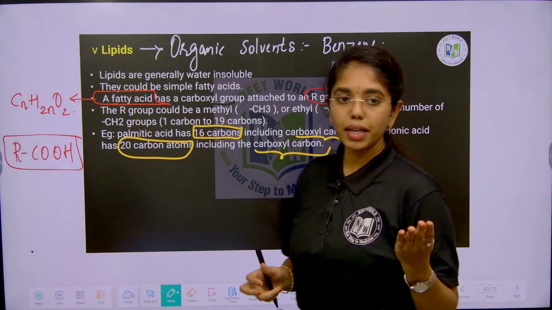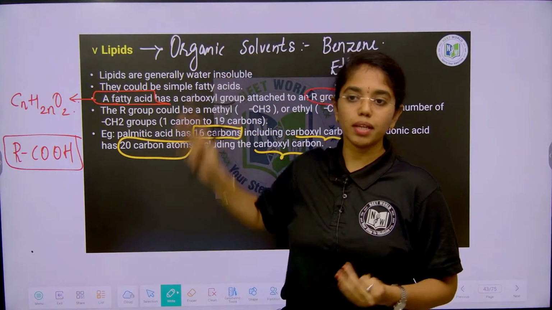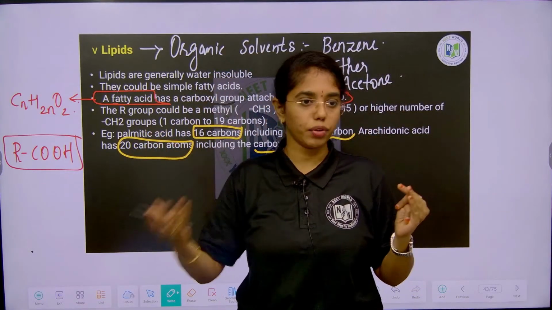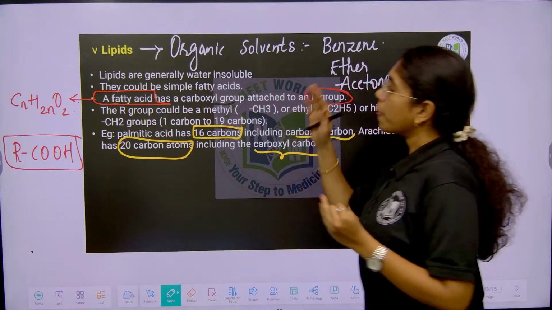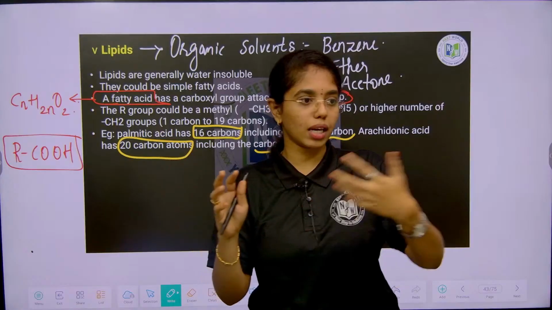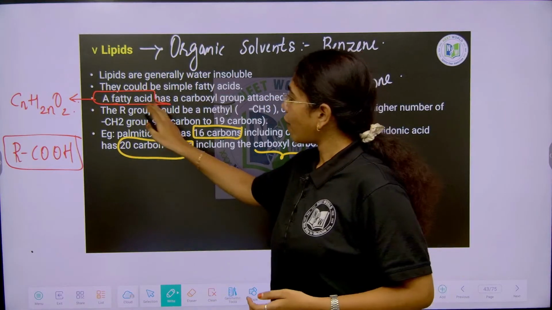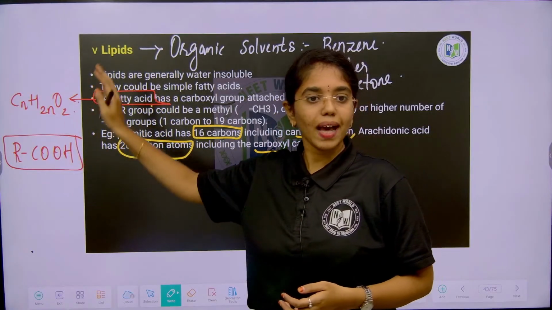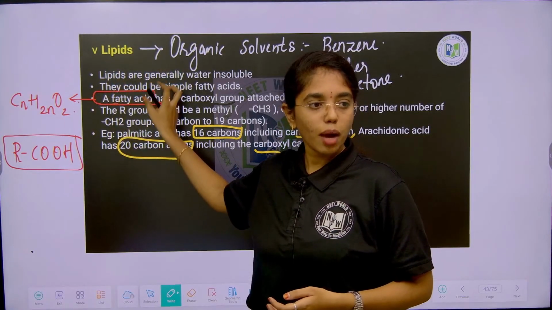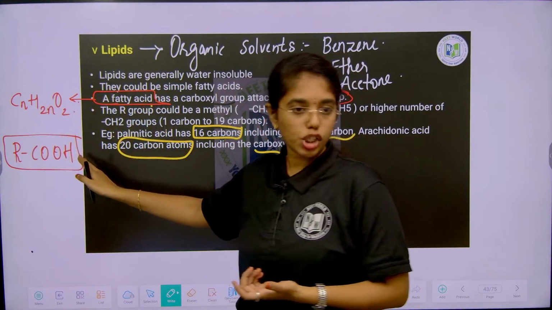So what is the intro of lipids? Lipids are insoluble in water. They are soluble in organic solvents. I have named three, but the list is wide; if you want, you can remember more. And it can just have a fatty acid or it can have glycerol. Those are considered as what? Lipids. Steroids are also lipids. For a fatty acid, the general formula is CnH2nO2, with a carboxyl group like RCOOH.